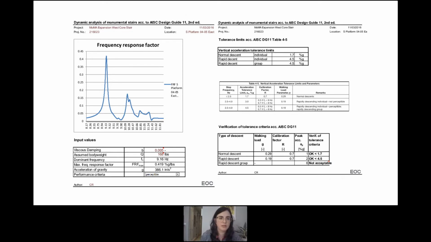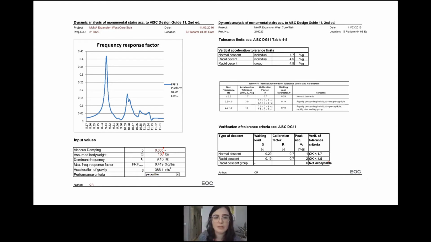So there's one of these frequency response factor graphs for each of the modes based on the different walking frequencies we assumed. And then those are used to determine the peak acceleration with lots of equations that are not worth getting into at this moment, but we can definitely talk about them offline if you'd like.